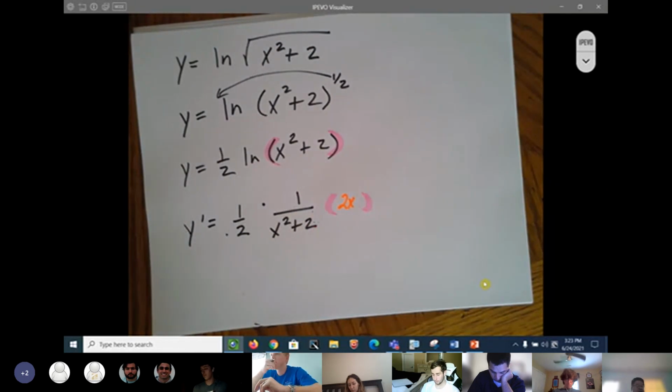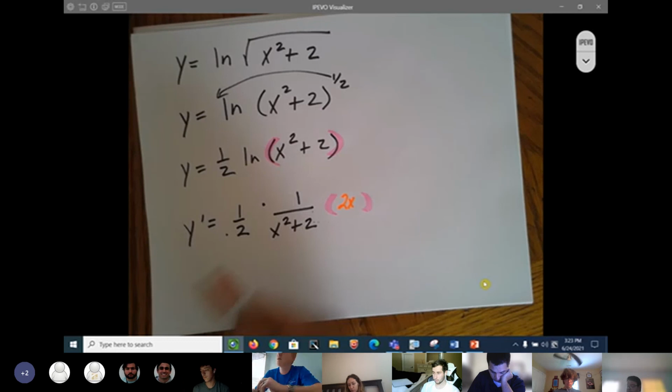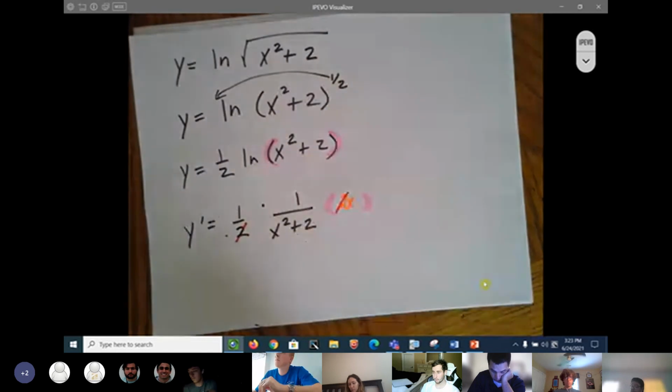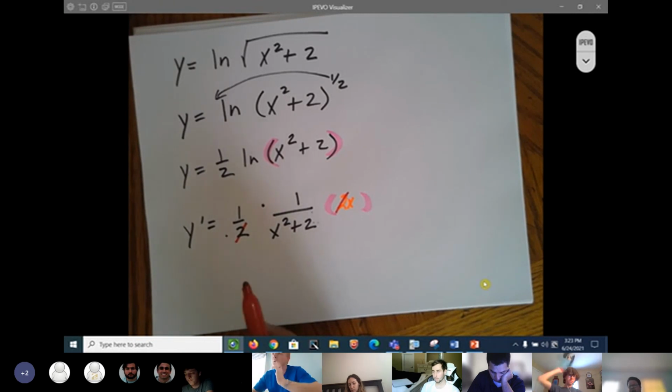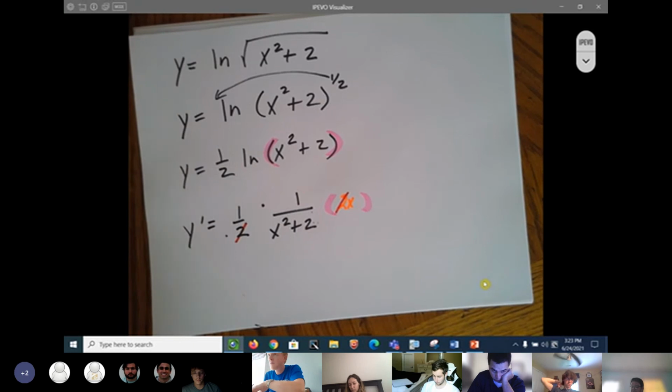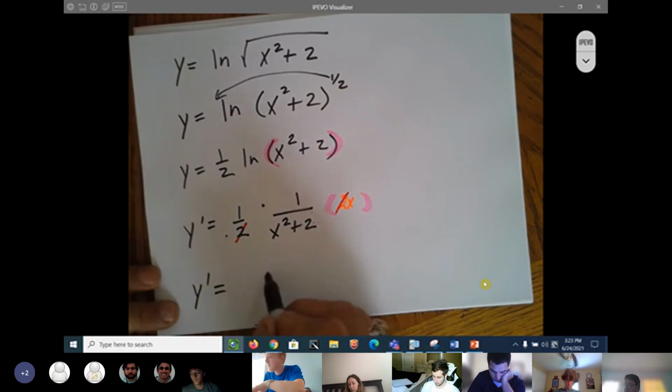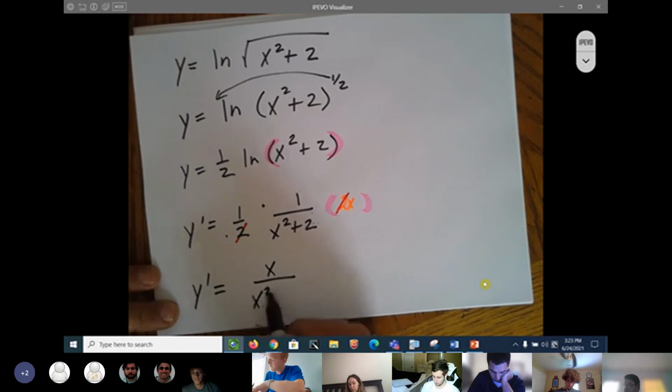And the 2's cancel. Can you explain where the 1/2 exponent got put back into the front? Power rule of logarithms. Okay. And I believe we get x over x squared plus 2.